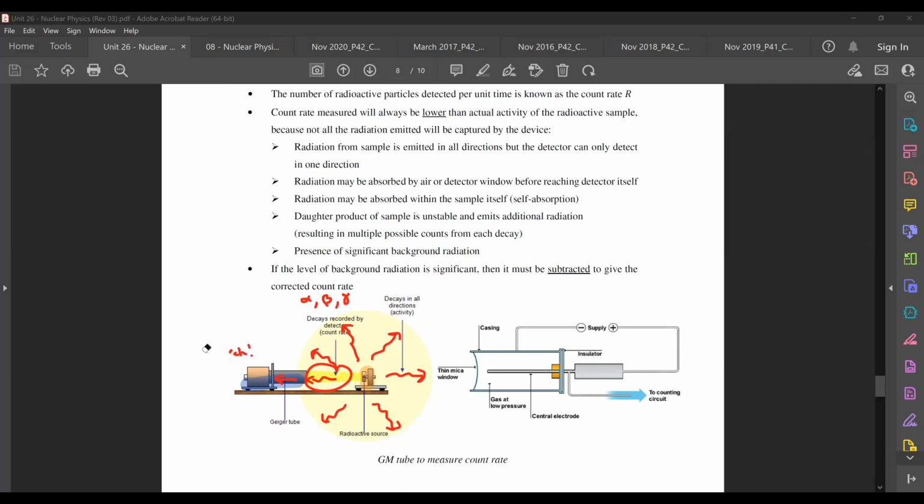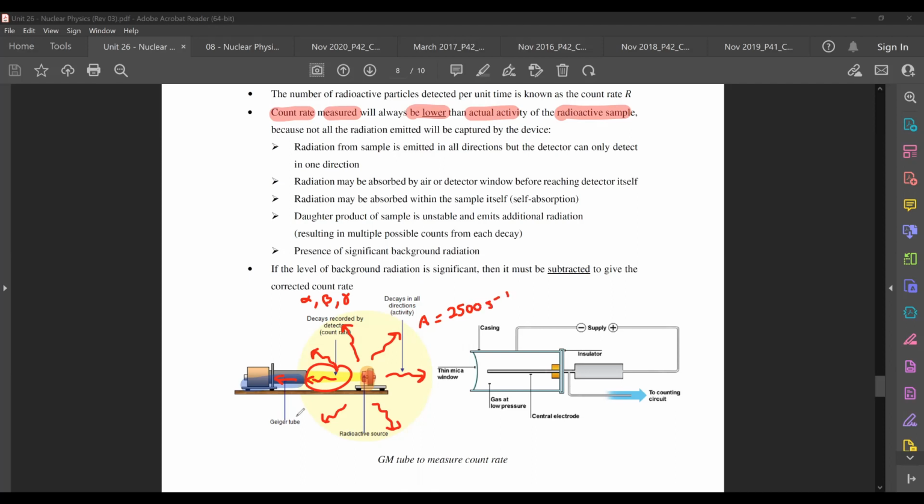If you try to measure count rate, there's one thing you should know. Your count rate measured will always be lower than the actual activity of the radioactive sample. For this radioactive sample that I have, it probably has an activity of, say, maybe 2,500 per second.